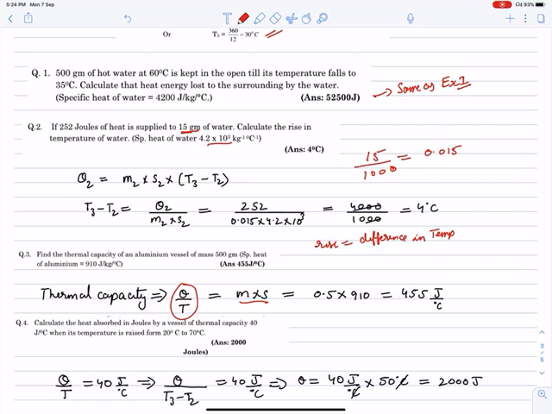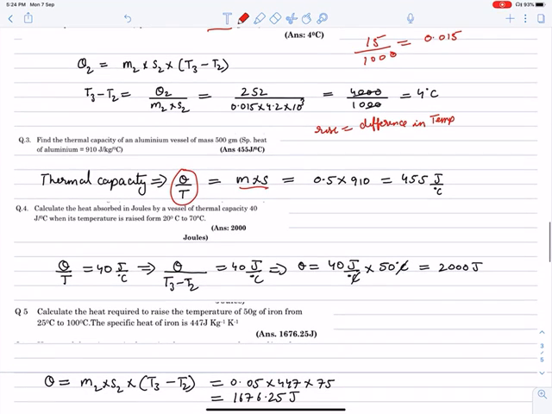So Q by T is equal to M into S. So M is 0.5 into specific heat 910, and you'll get 455 joule per degree Celsius.